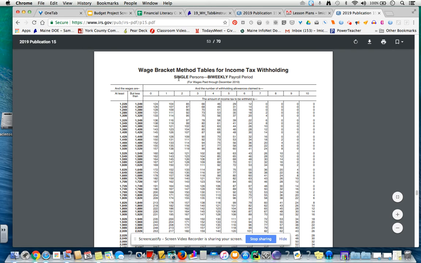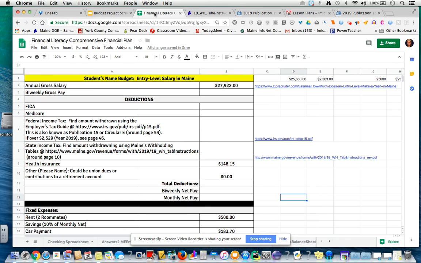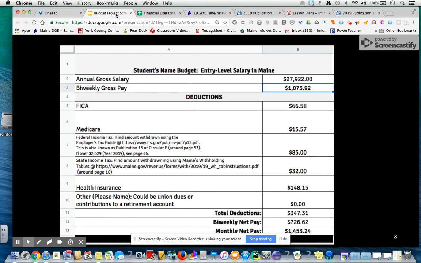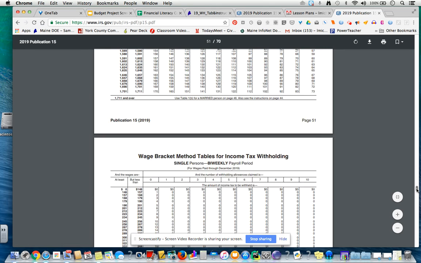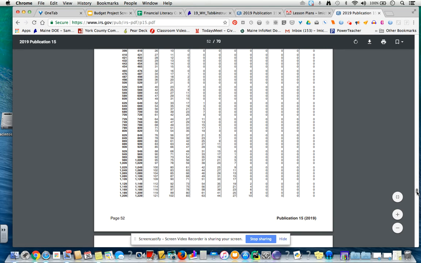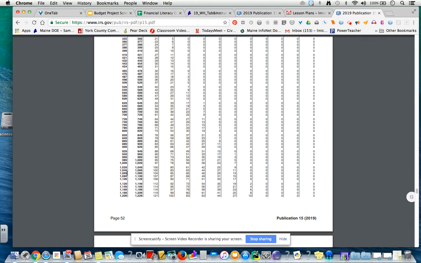So again, the amount was $1,073.92. It is at least $1,069, but less than $1,089.